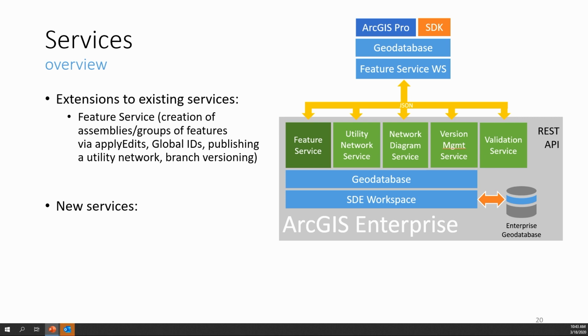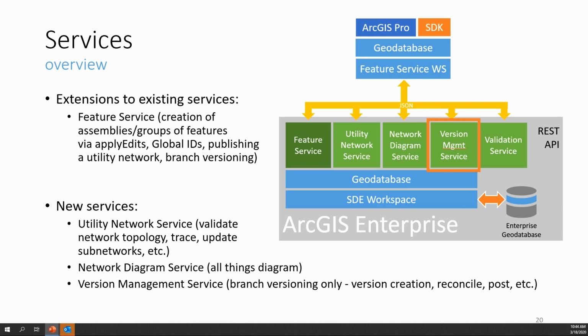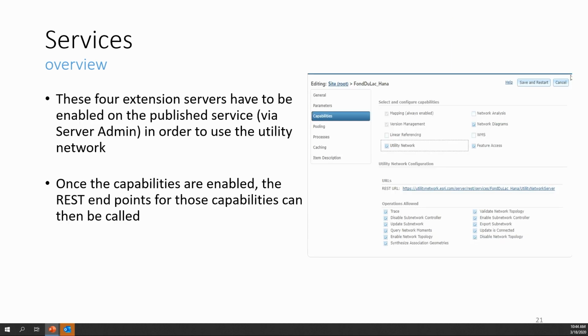So at one level, this is one way to conceptualize the architecture. So these new services that we have: the utility network service, the network diagram service, the version management service that we'll talk about more today, and the validation service. Now, these things are enabled, as Annie talked about earlier, when you're publishing.